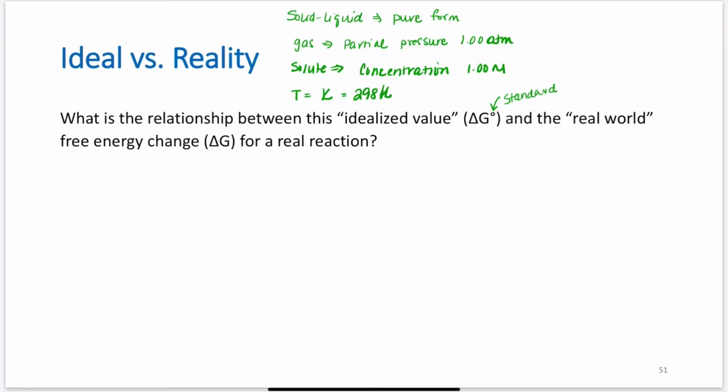So what does that tell me though? There is an equation we need to know. The equation we need is delta G equals delta G naught plus RT ln of Q. So delta G and delta G naught, what is the difference? Delta G is the free energy change under real world conditions. Basically, it's under any conditions.